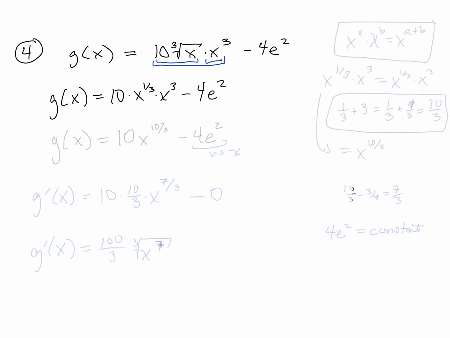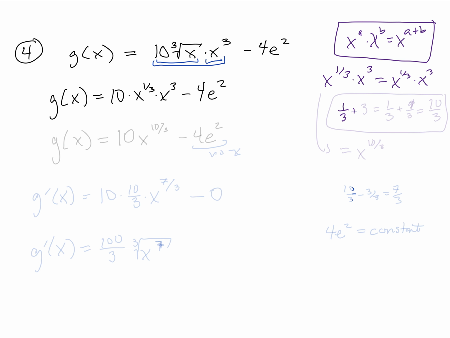And now let's, on the side, if we need to, simplify that x to the 1/3 times x to the 3rd. Remember that in general, x to the a times x to the b is the same as x to the a plus b, and that's a really good rule about exponents to know. To add those two things together, we need a common denominator to add together 1/3 plus 3.